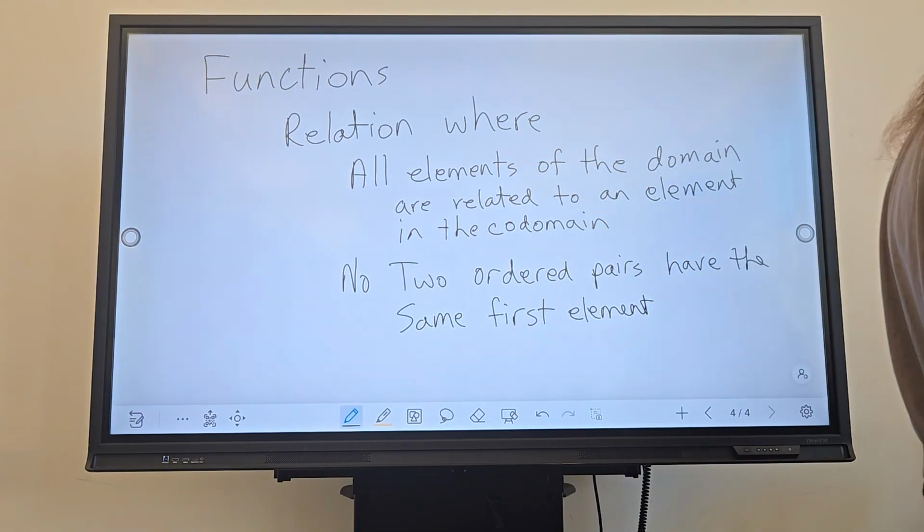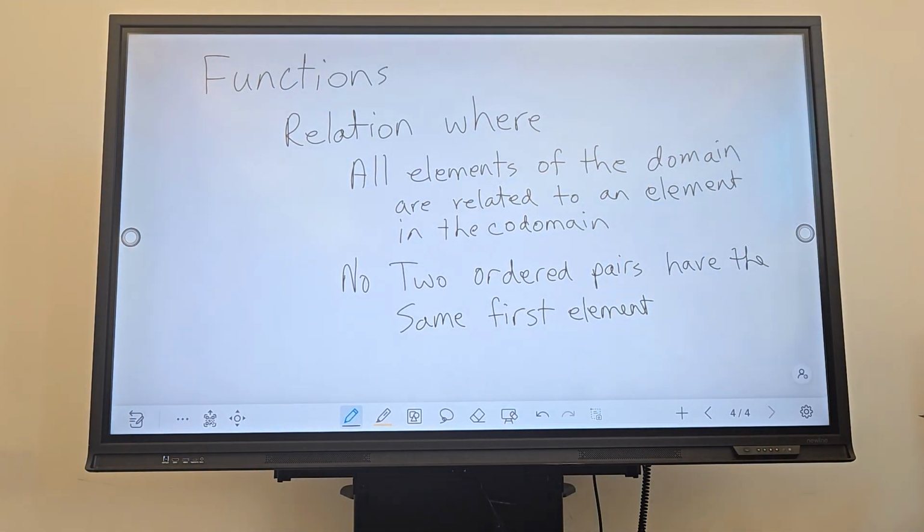What this means is every element in the domain is related to an element in the codomain, but just one. Like in the previous example, we had one related to 1 and one related to 3. That would not be a function. It is just a relation. A function has all unique arrows coming from the elements of the domain.